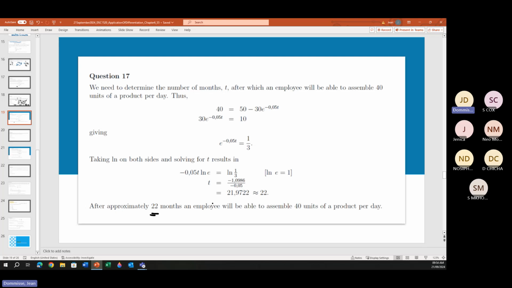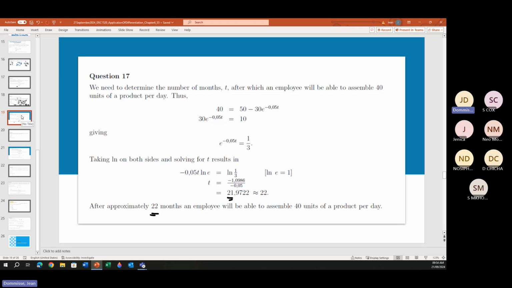If it was to work out how many units completed, then we would have said 21, because you can't have a 0.97 unit or 0.5 unit because it's not completed. Okay.